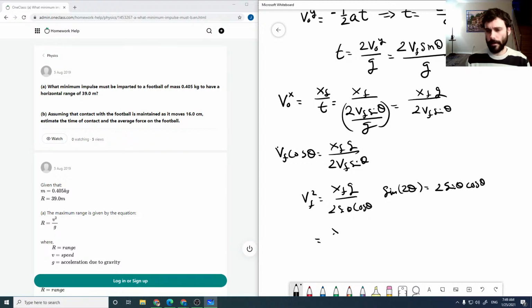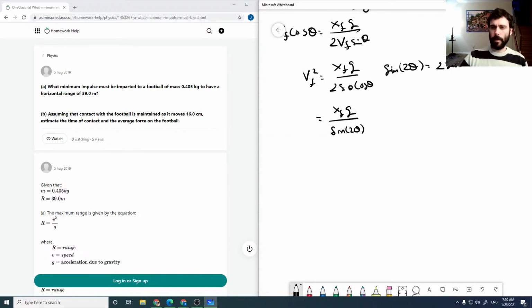So then this is XF G over sine of 2 theta. And now we want to find our minimum impulse, so our minimum velocity that we need to impart to the football.